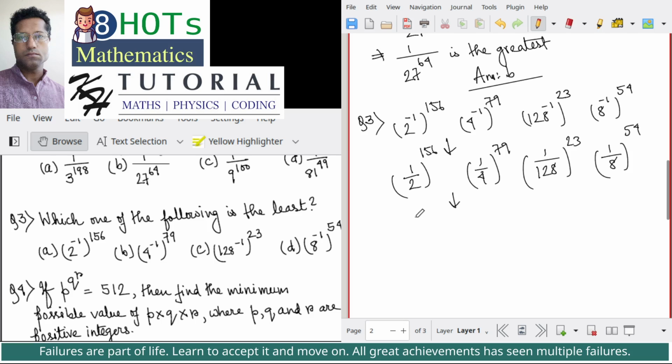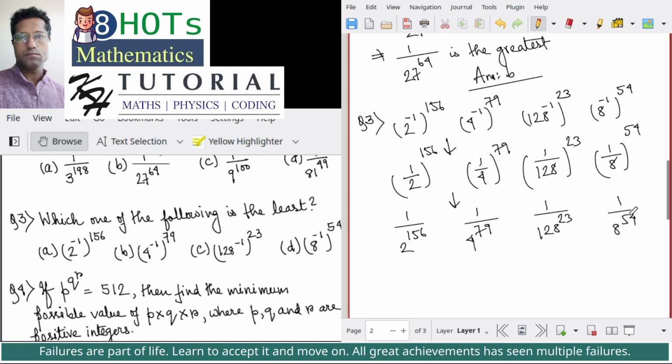All the numbers are in exponential form, and if I convert them to rational forms, it will be 1 by 2 to the power 156, 1 by 4 to the power 79, 1 by 128 to the power 23, and 1 by 8 to the power 54.